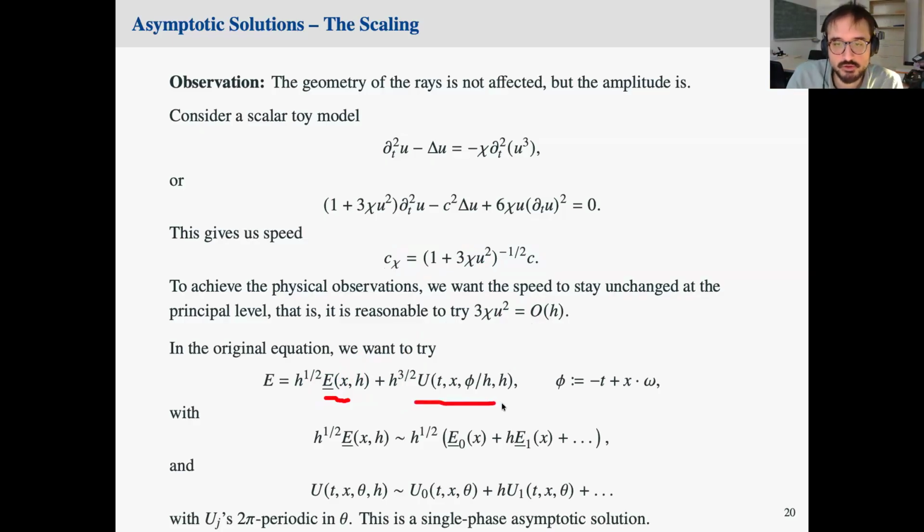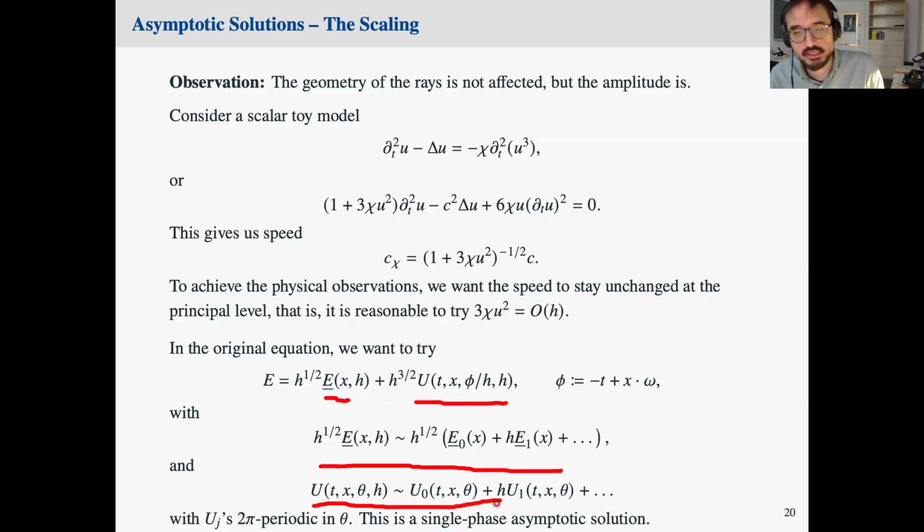And the difference is that, well, u is oscillatory and E is not. So you assume that your ansatz is that E has an expansion in h and U also has an expansion in h. And again, you want the U_j's to be 2π periodic in theta. And here we make the ansatz of a single phase asymptotic solution. If you want to go to double phase, like multiple phases, this is more complicated.